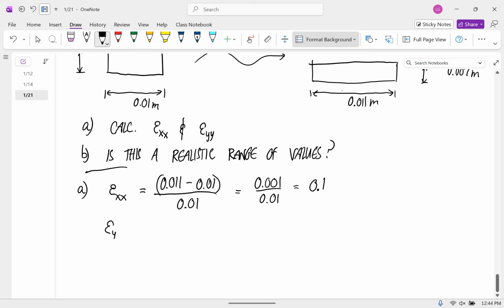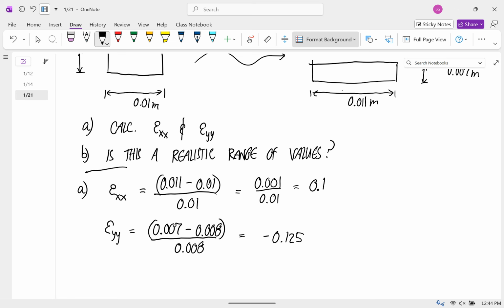And for eyy, we have 0.007 minus 0.008 divided by 0.008. And for that, we get negative 0.125.